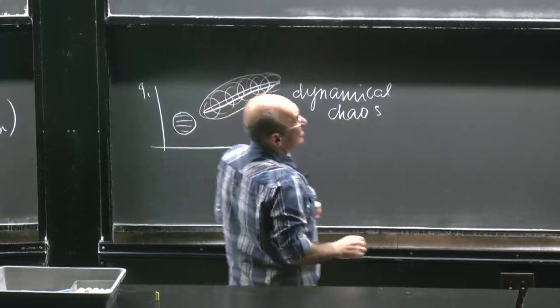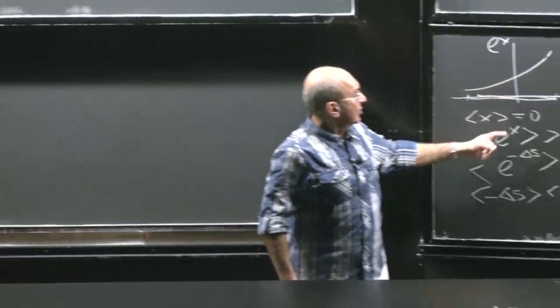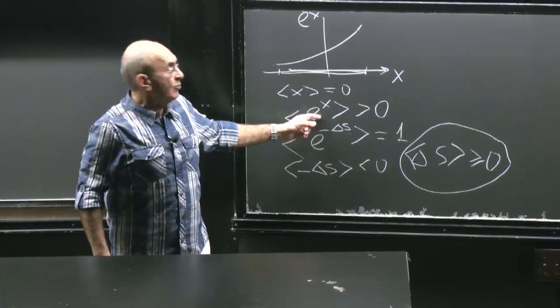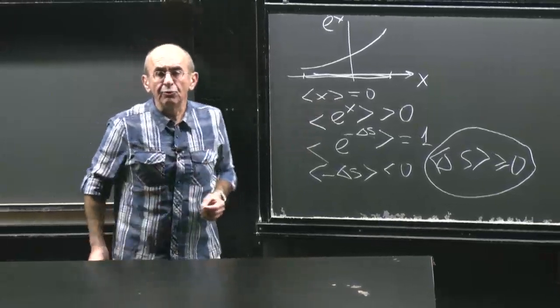And again, it is in this mechanism that we argued the average growth of a phase volume, even assuming that on average our rates could be both positive and negative.